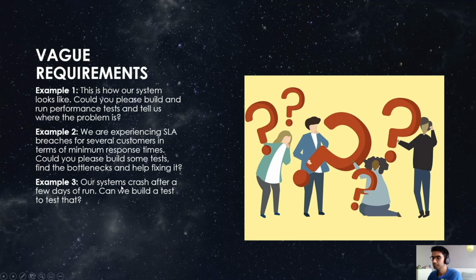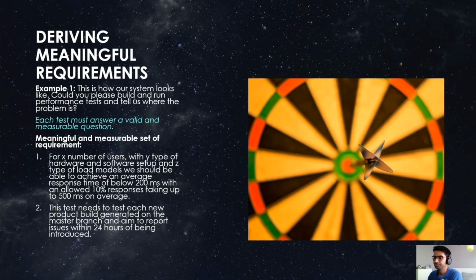These sound very tempting to start from, but we need to be careful when such things come up, because such requirements cannot be worked upon so easily. So what we need to do is to ask more questions and break them down into defined requirements.